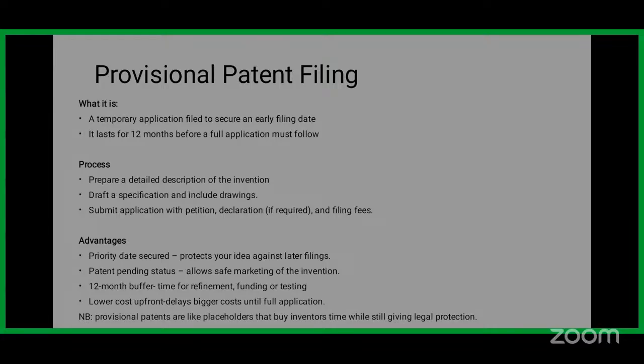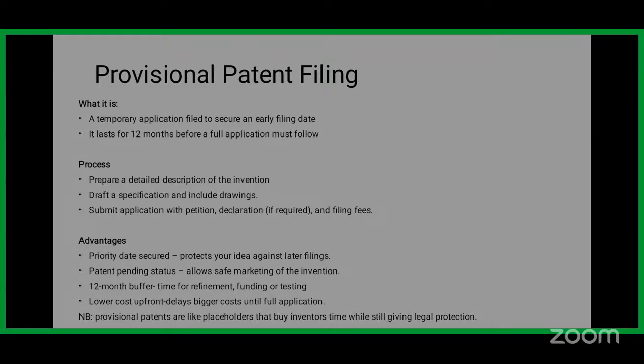And so even if you disclose some essential features of the invention to the investor, you are making a safe market. You're not scared that he might take advantage of this and then leave you behind. So that's for that. Then also 12 months buffer time for refinement, funding, and testing.